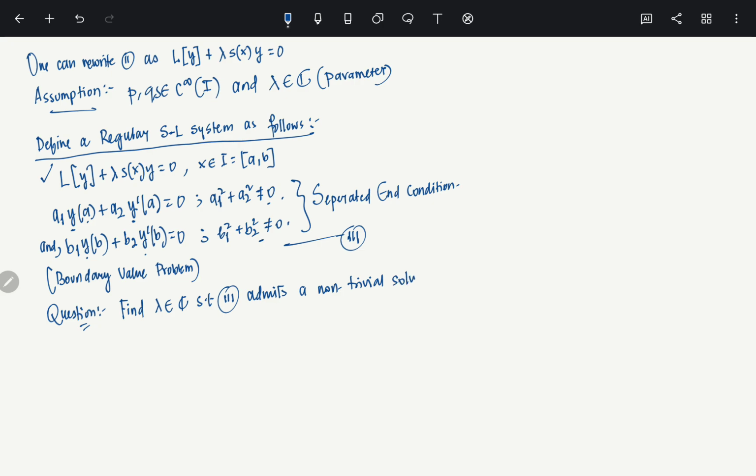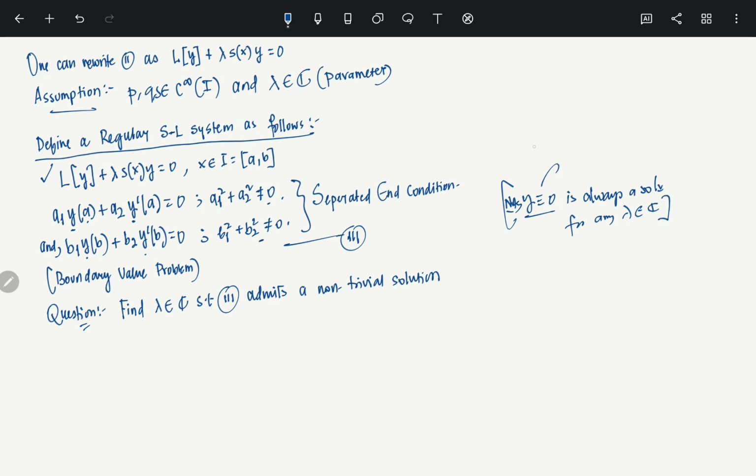Non-trivial solution means, when I say y equals 0, see, this is always a solution. So this is a small note: y equals 0 is always a solution for any lambda, right? So essentially we are not interested in that.